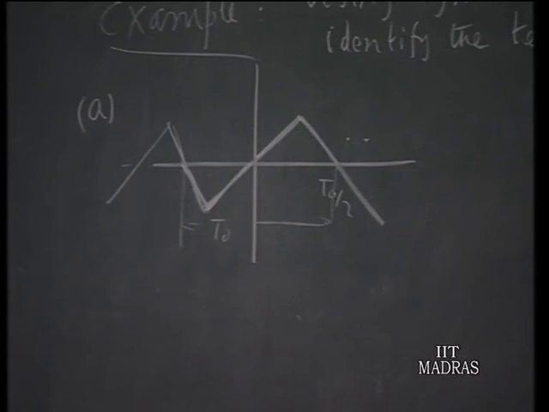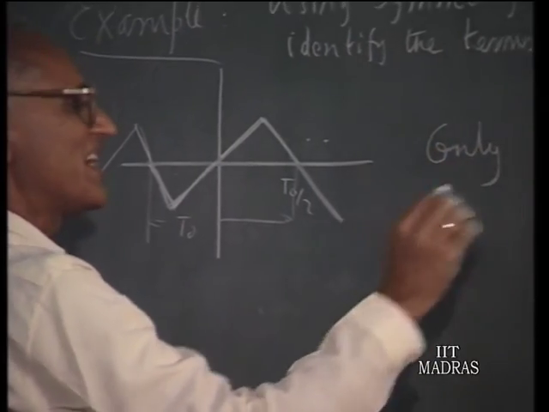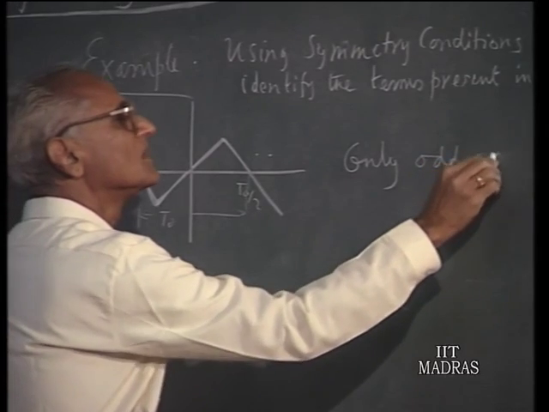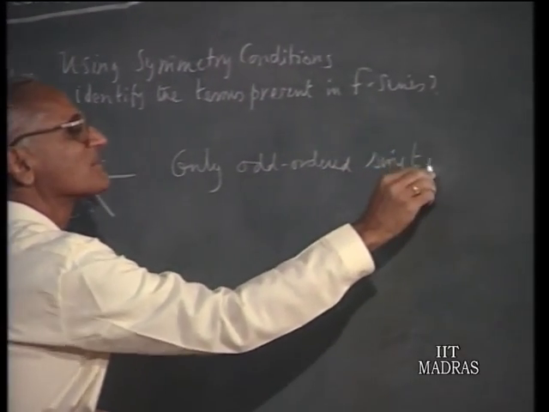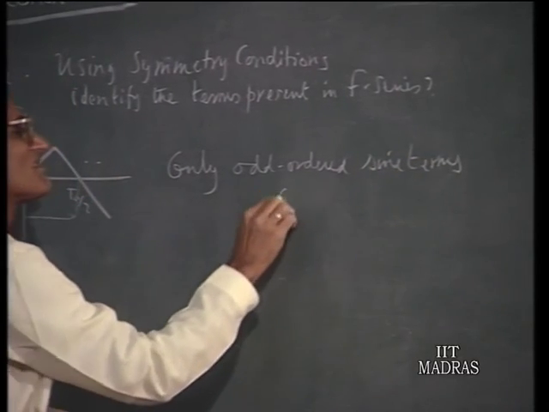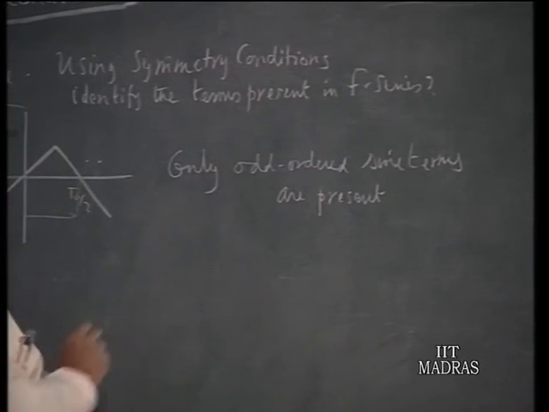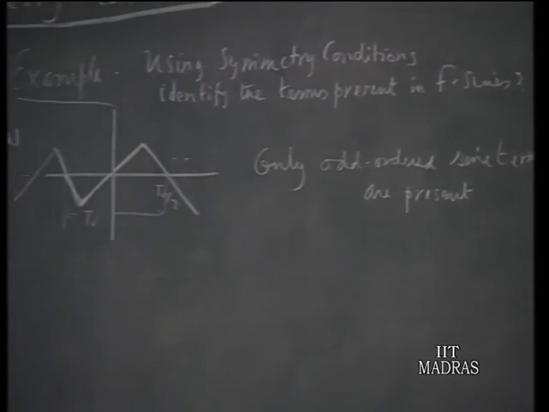So, the result is that this can have only sine terms, but odd harmonics. So, odd ordered sine terms are present. In this waveform, you can't expect cosine terms, you can't expect second harmonic, fourth harmonic and so on, certainly not DC.